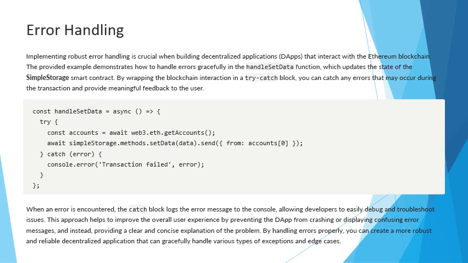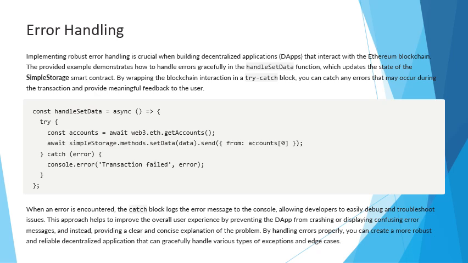Implementing robust error handling is crucial when building DApps that interact with the Ethereum blockchain. This provided example demonstrates how to handle errors in the handleSetData function, which updates the state of the simpleStorage smart contract. By wrapping the blockchain interaction in a try-catch block, you can catch any errors that may occur during the transaction and provide meaningful feedback to the user.